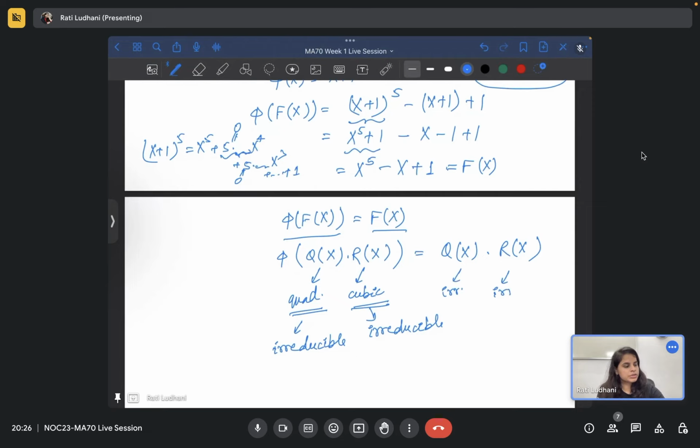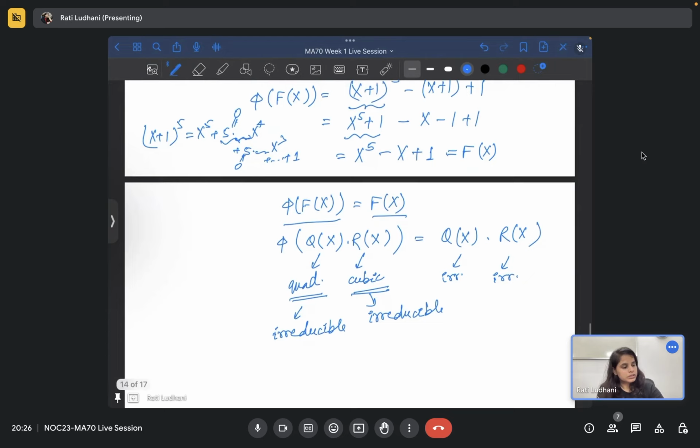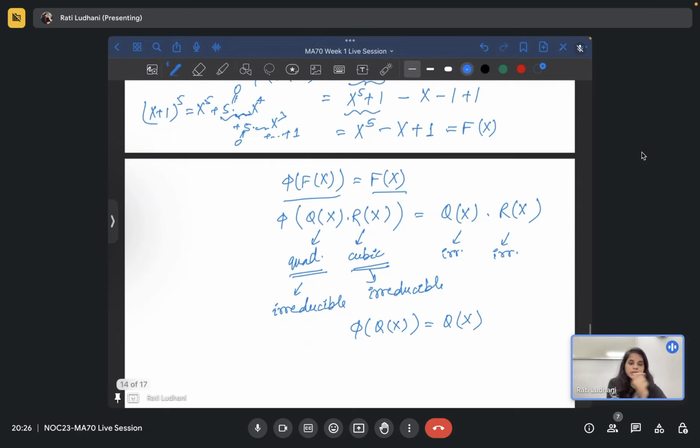This is irreducible. So I'm saying that phi of q(x) will have to map to q(x) because it fixes degree. As you have seen, when a is non-zero in a field, a is invertible, so the degree is fixed. So a quadratic will map to a quadratic, and a cubic will map to a cubic.